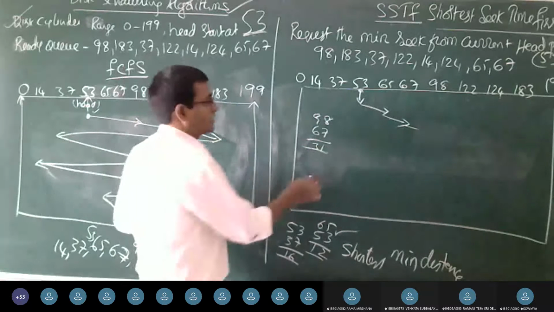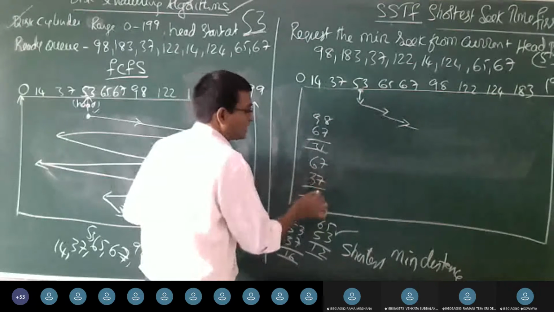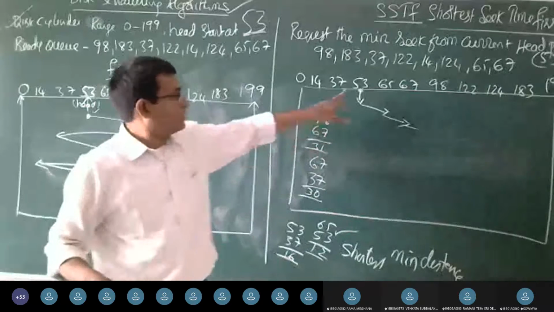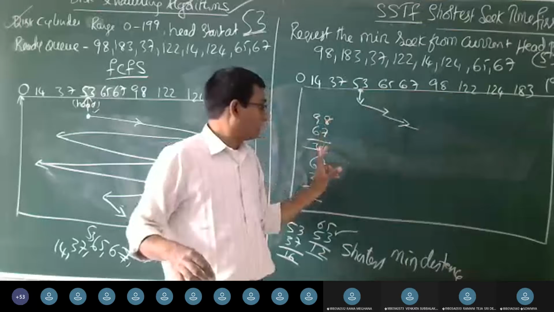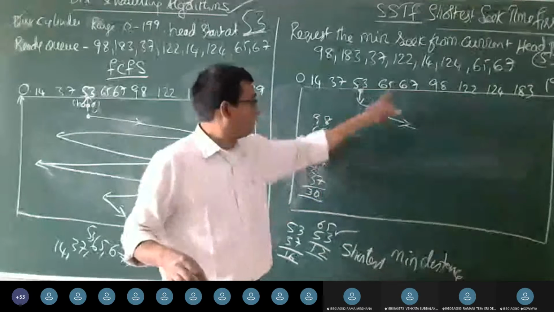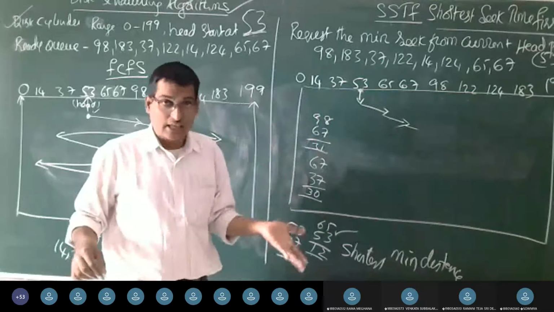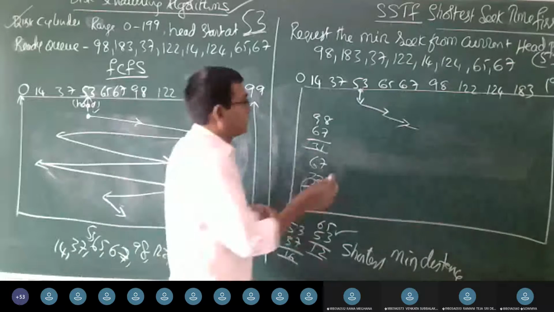What was the distance between 67 and 37? The distance was only 30, right? So the distance between 67 and 98 is 31, and between 67 and 37 it was 30. So in this case, we have to go to 37, which is the shortest item.